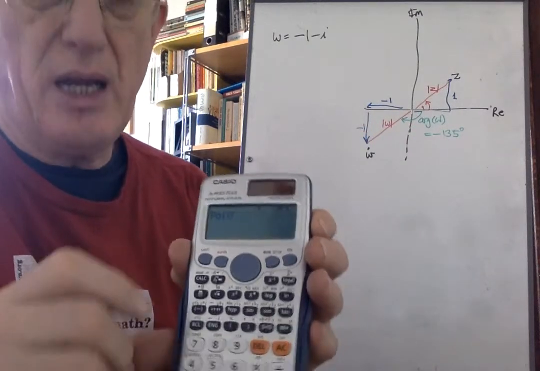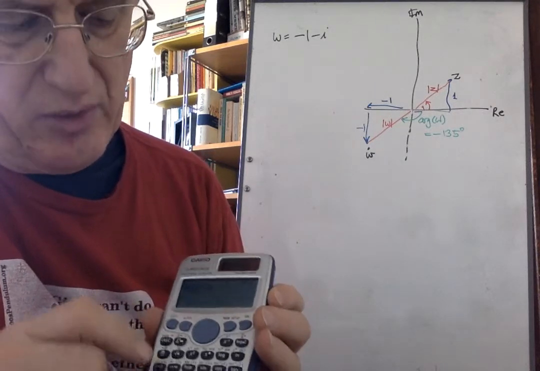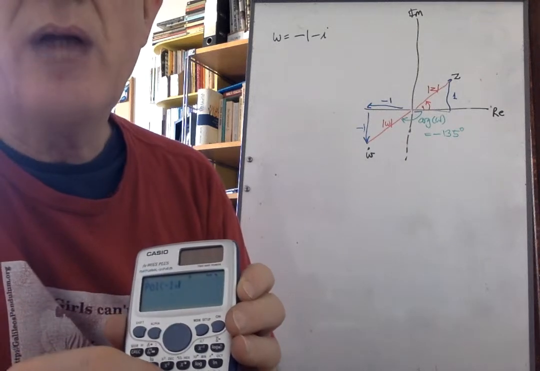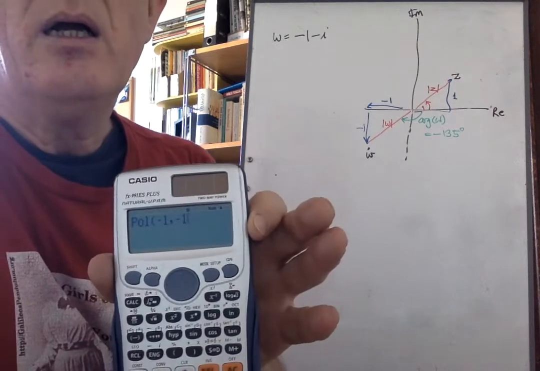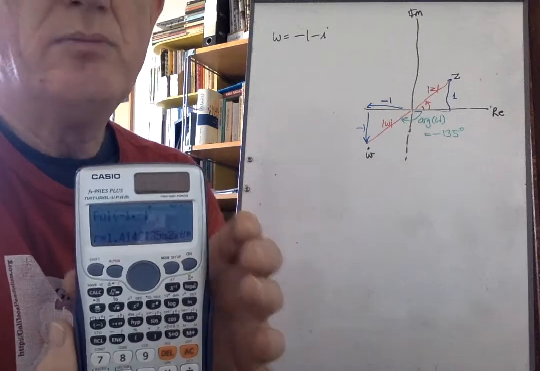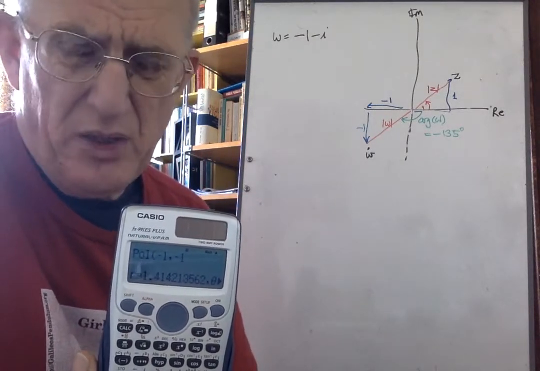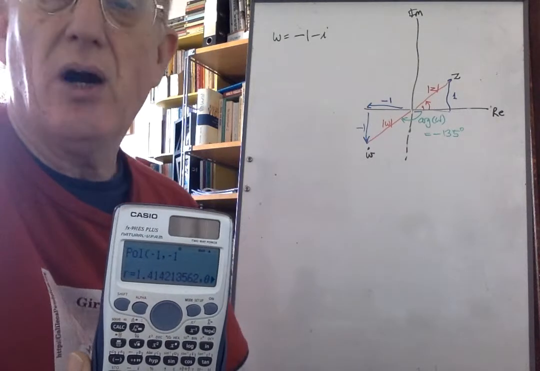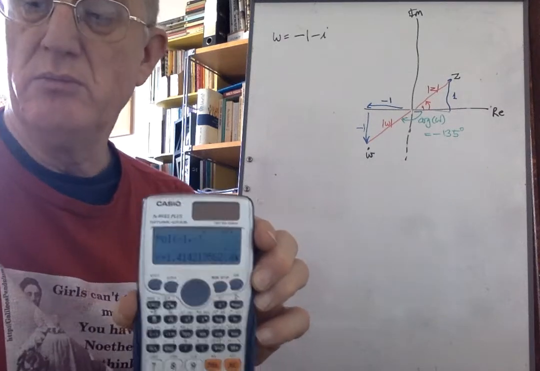So if I put in Pol of minus 1, and then I've got to do the comma, which is there, and then minus 1 again, press equals, it tells me R, which is the normal thing in polar coordinates, the distance to the origin, which is the modulus of w, is 1.4142.